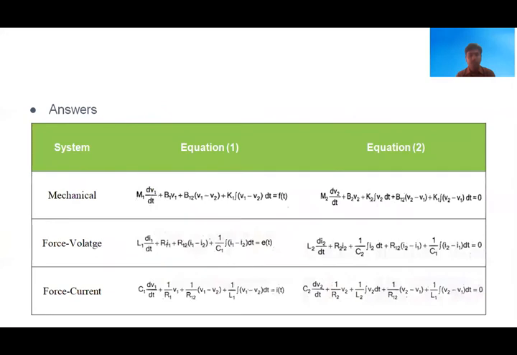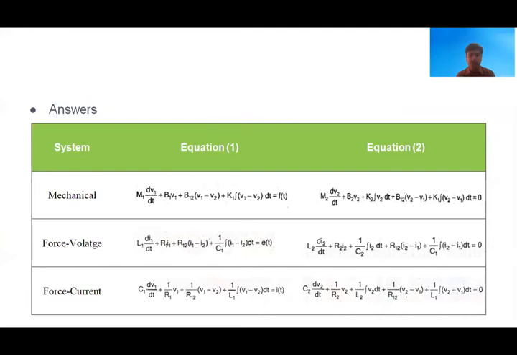Now we have all these equations for different models. For the given mechanical translational model, we got the first two equations. After converting into electrical model using force voltage analogy, we got the equations given in the middle, and the last, using force current analogy, the mechanical system is converted into an electrical model with these differential equations.